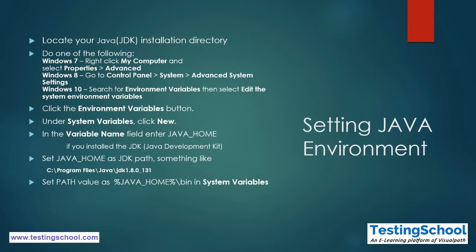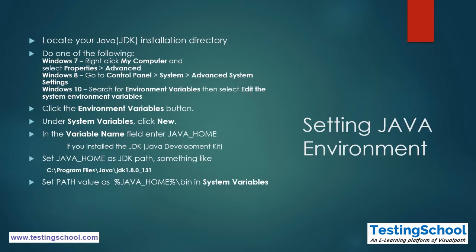As I'm mainly focusing on Windows in this tutorial, for Windows 7 you can go to My Computer, then select Properties and Advanced. There you will find environmental variables. For Windows 8 and 10, it is mentioned how you can navigate to environmental variables.